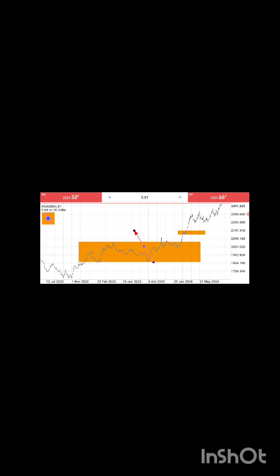But the truth is, the output length of the signal, which means the pip generated, is not actually dependent on the nature of the range. What happens is that the range affects the momentum and the volatility of the output signal.